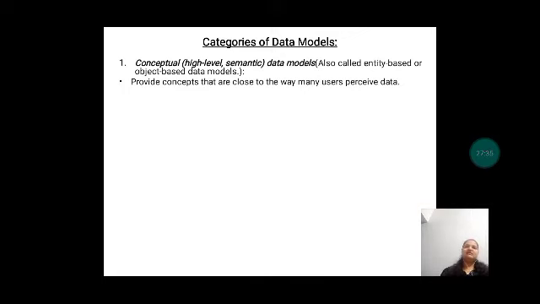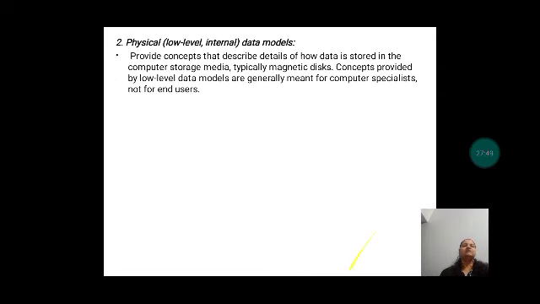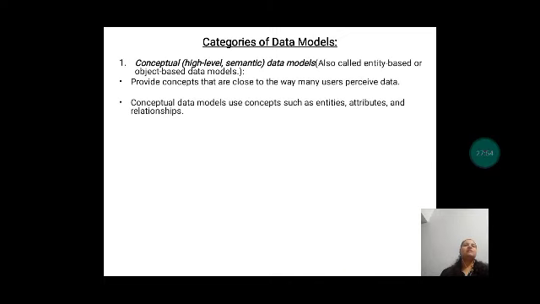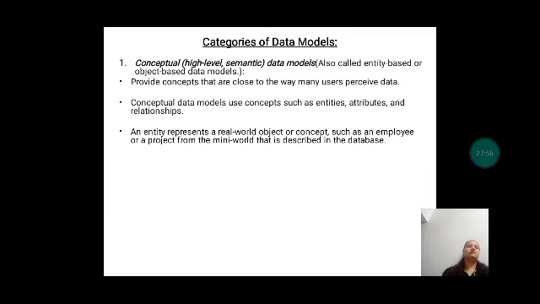Then we started with categories of data model. There are basically three: conceptual, physical, and implementation. Conceptual data models are usually close to the way that many users like us perceive data. We view the data in the form of tables with respect to relational data models, right?